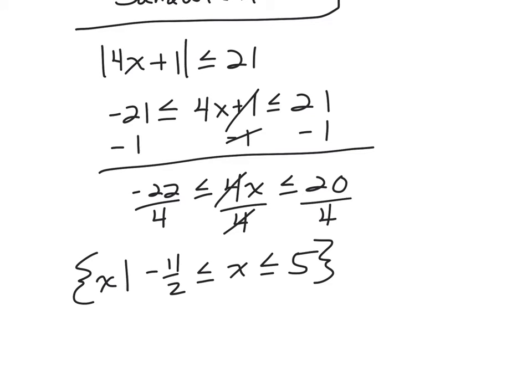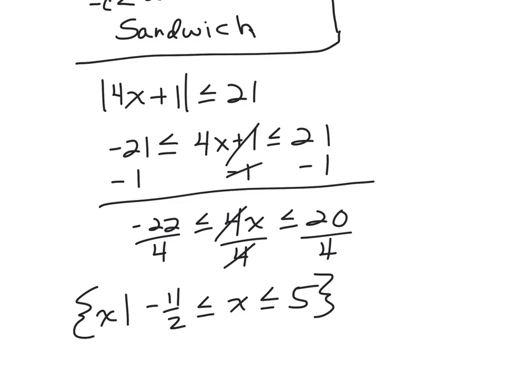Now, stop for a minute. Do you see that an absolute value problem with less than is an intersection? It's a conjunction. That's why we studied what we did yesterday.